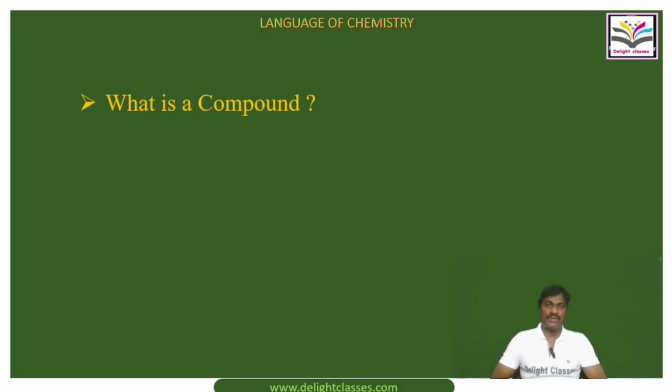What is a compound? Now here, a compound is a group of different atoms. When different atoms are grouped, we say that it is a compound.